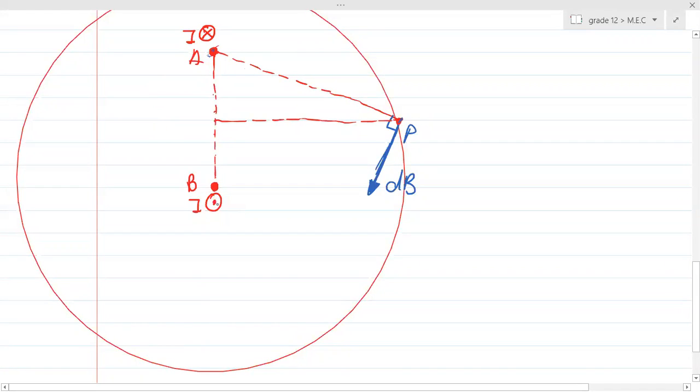So now the current is outside. Hence the direction of magnetic field will be like this. Apply right hand thumb rule. Can you see the current is going anti-clockwise? So when I draw a tangent at this point due to B, it will be like this.